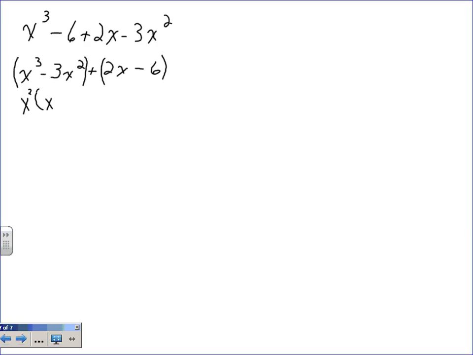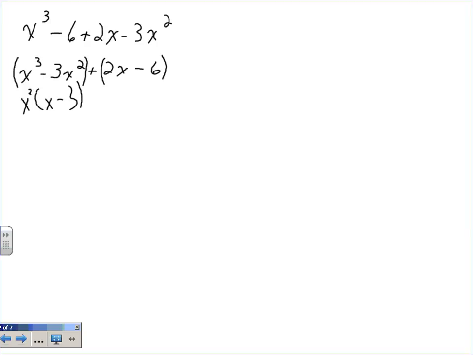All right, what Luke is doing, first of all, he grouped the first two, put them in parentheses, and then he looked like he took out an x squared, and he's right.